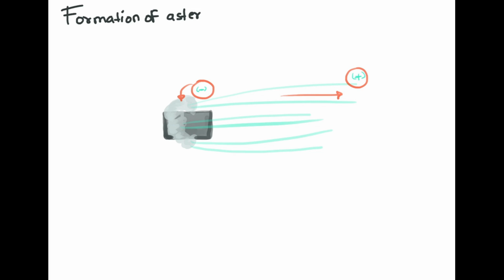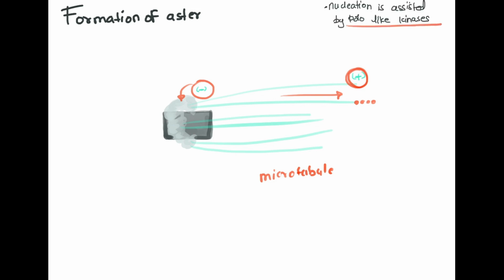The formation of microtubules usually takes place by the addition of subunits on the plus side. And this addition is mediated by polo-like kinases, which assist in the nucleation of the microtubules that originate from the pericentriolar matrix.